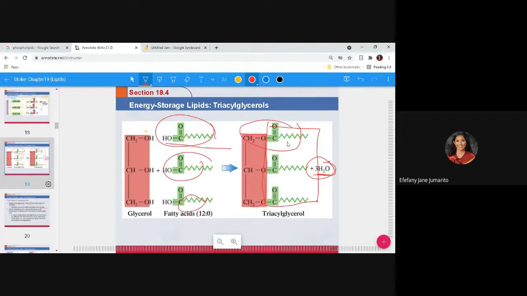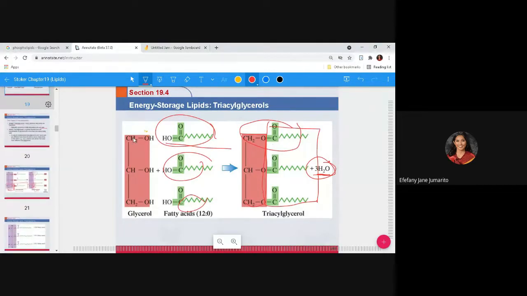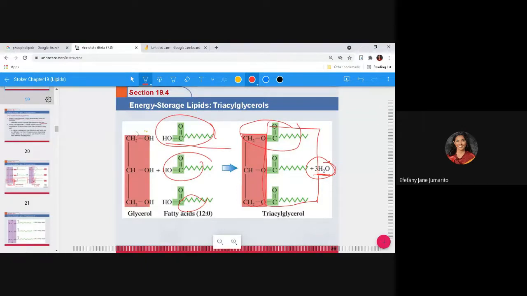All right, so we have your fatty acid and your glycerol. We have three carbons in your glycerol, and those three carbons, when you form a triacylglycerol, should be bonded by three fatty acids.